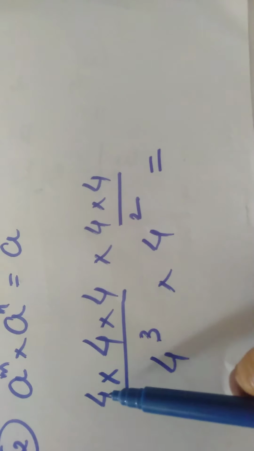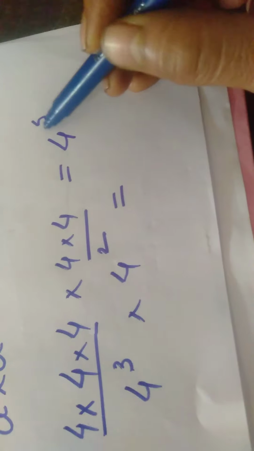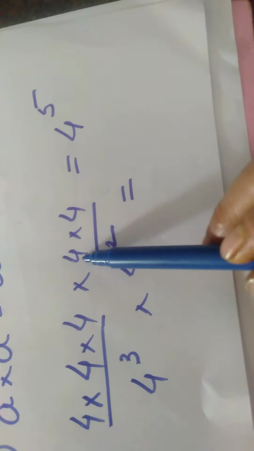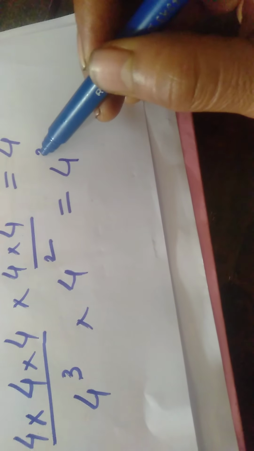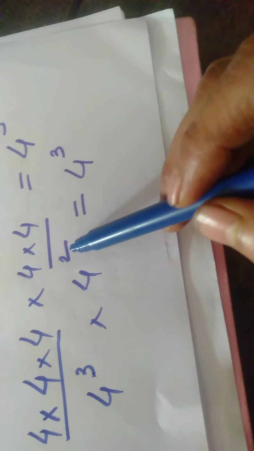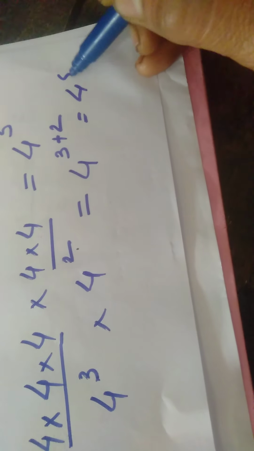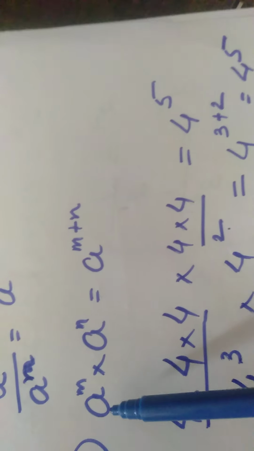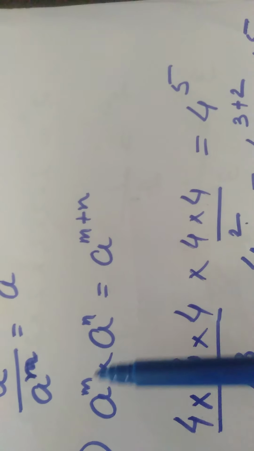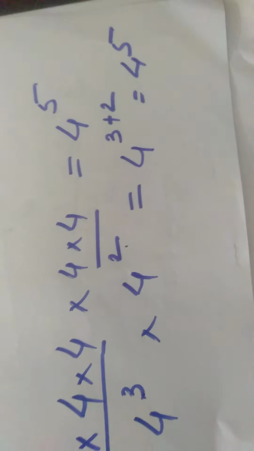Together we can see this is 4 to the power 5, 1, 2, 3, 4, 5. And here we can write 4 to the power 3 plus 2, so it is 4 to the power 5. So the powers get added when the same base with different powers is multiplied.